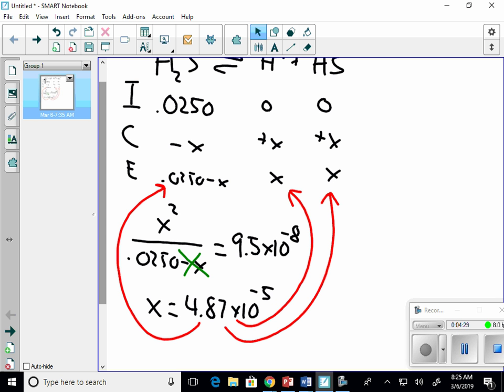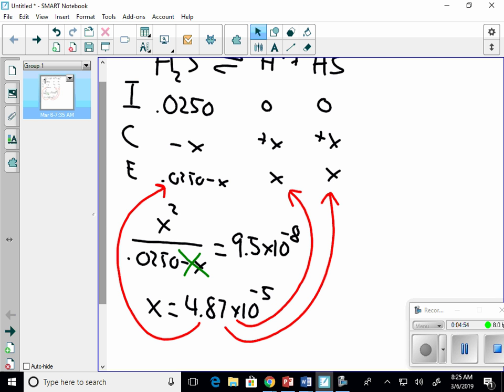You solve for x, remember that x means something. The ICE table is there for organization purposes. Now, if this were the type of problem that we did last class, and it was asking for the pH, you would take the negative log of this value right here, because that's your H plus concentration, and you'd be done.